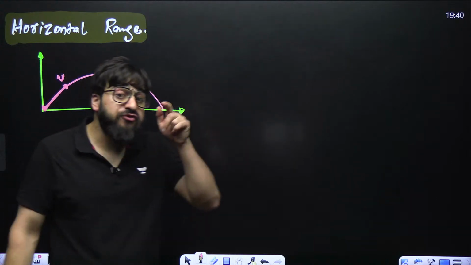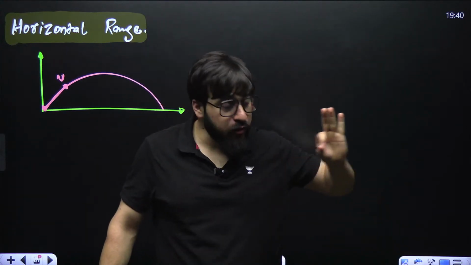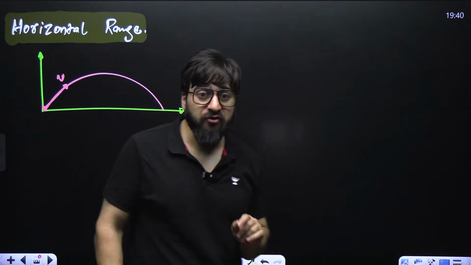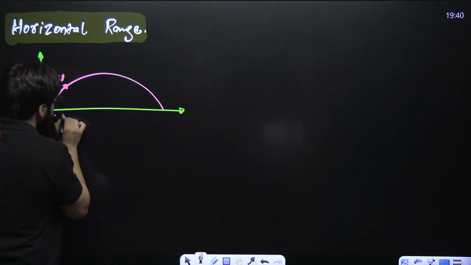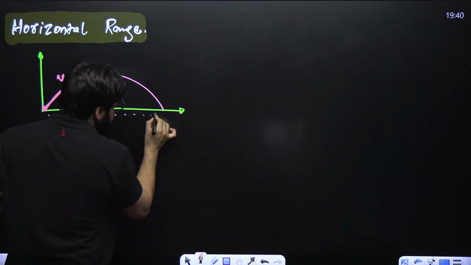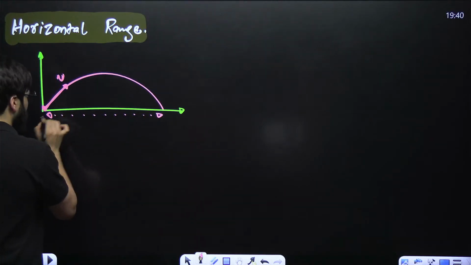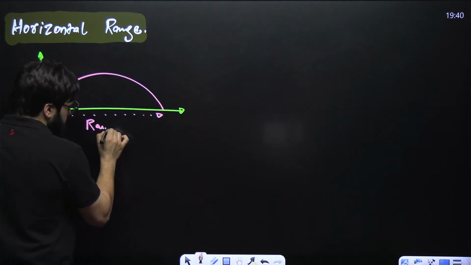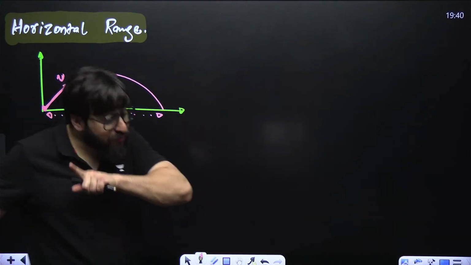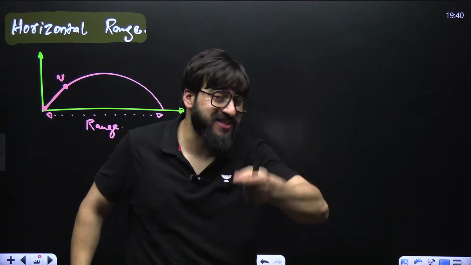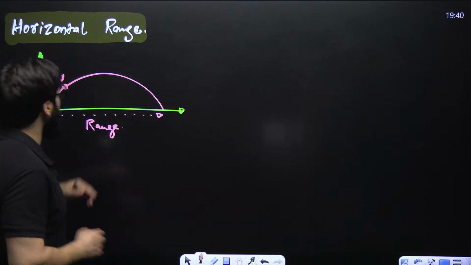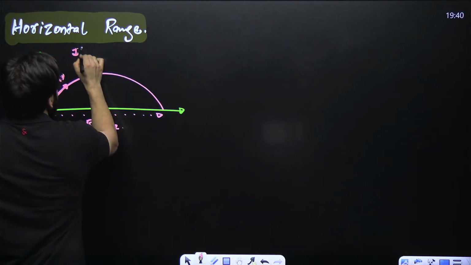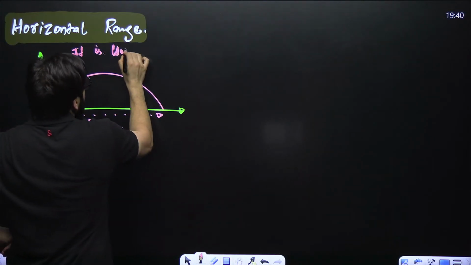We say how far it can go from the initial point, meaning this distance. This is what we call the horizontal range. How far it can go from the initial point in x direction, that's what we call the horizontal range.